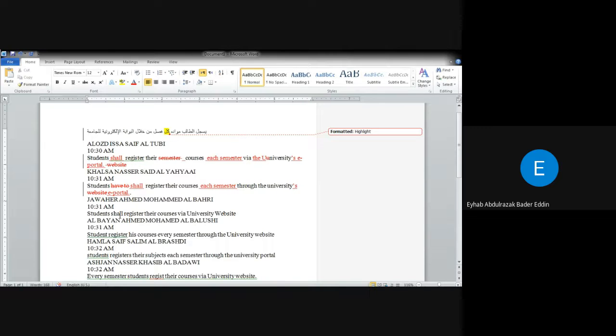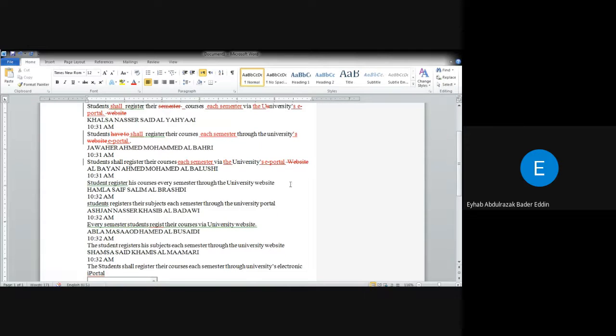Jawahar says students shall register their courses via the university, but what did we call it? E-portal. And where is every semester? Each semester.